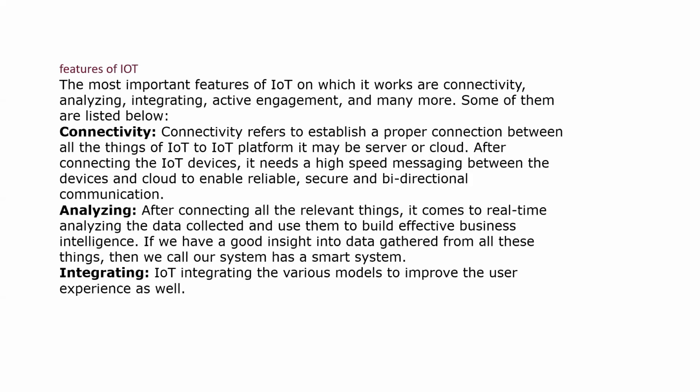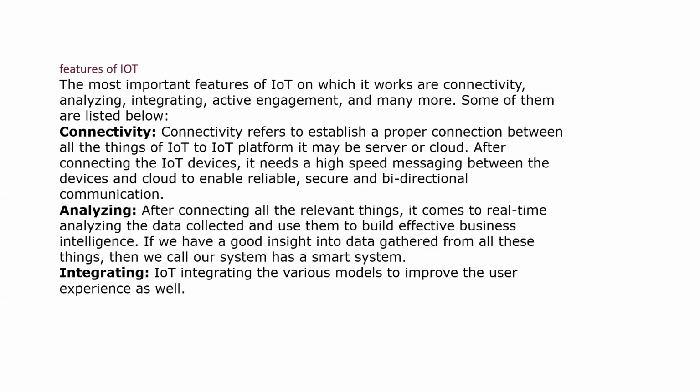Okay. So one more important thing with Internet of Things is that it is self-configurable. Once the system is deployed, very little direct user interaction has to be there with such an Internet of Things system.